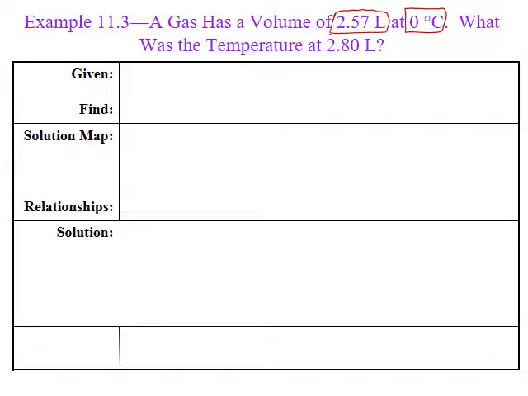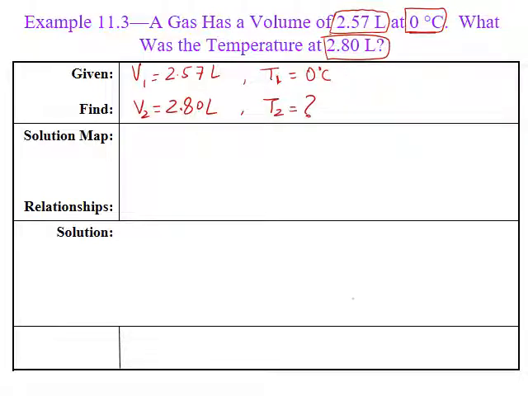I will assume this is my initial volume, 2.57 liters. Initial temperature, meaning T1, is 0 degrees Celsius. Liter means this is volume, so the final volume is 2.80 liters. The question is, what is T2?